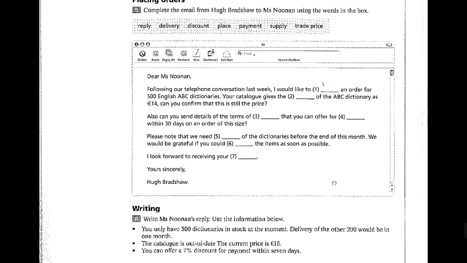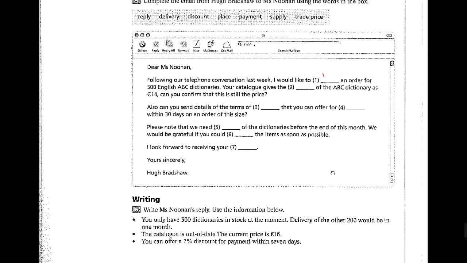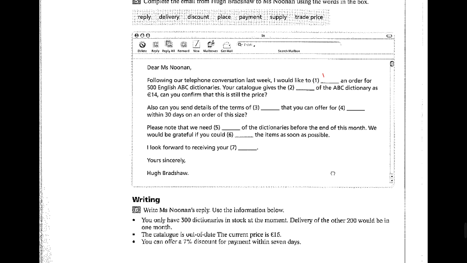And now it's your turn to write an email. So write Miss Nuni a reply for the information below. So after you have read this email, you have to give her a reply, but you only have 300 dictionaries in stock at the moment.